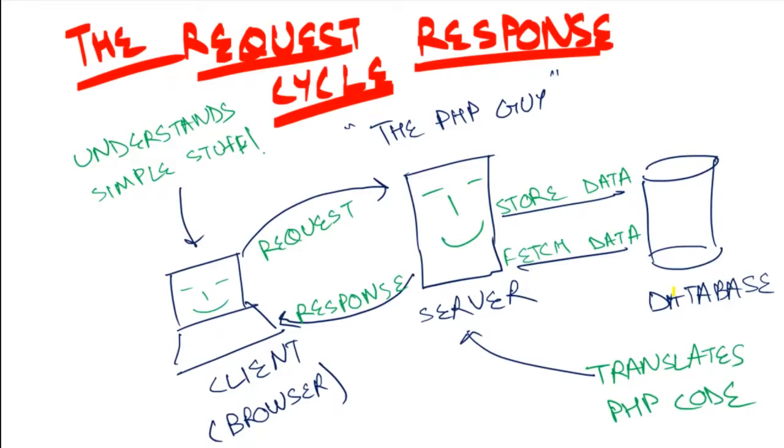So some of the most important features of PHP are that PHP, as I said, is a cross-platform language. So whether you're developing or deploying your code on Windows or on Linux or on Mac, it doesn't matter. Your code is going to work just the same. And the other good thing about PHP is that it's a very popular language, and it has a very active developer community. So there is a lot of support available for PHP.